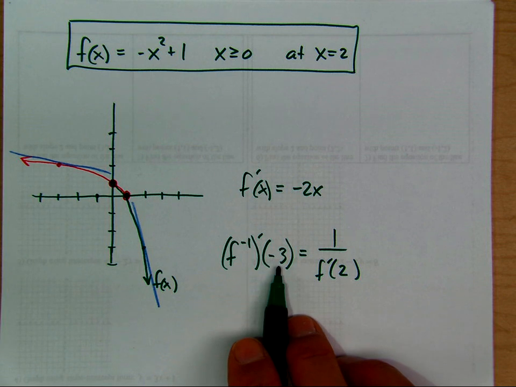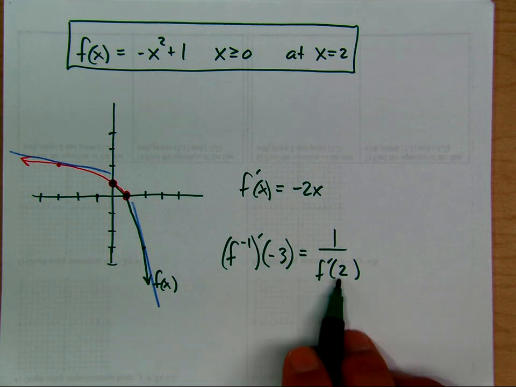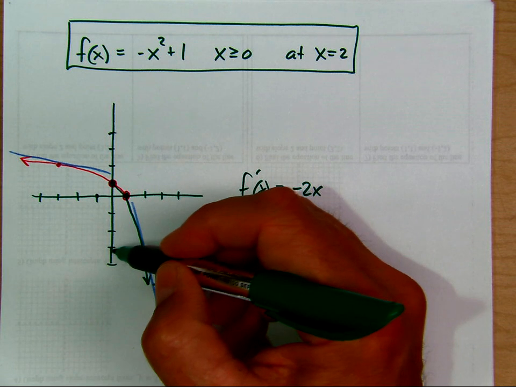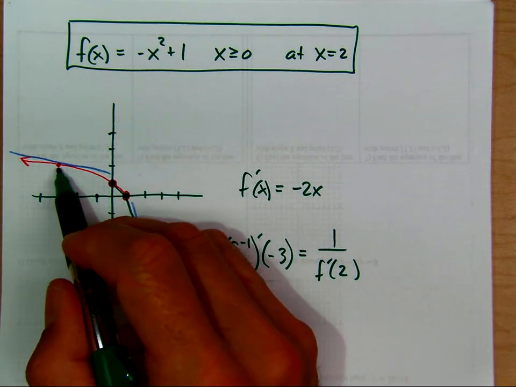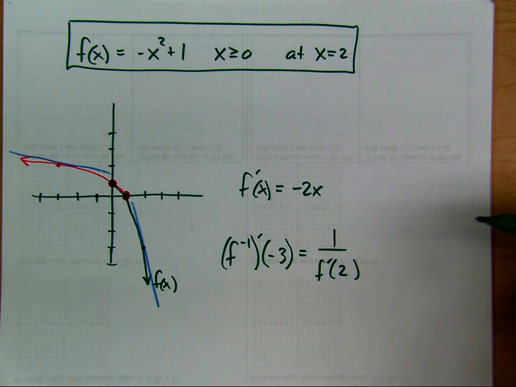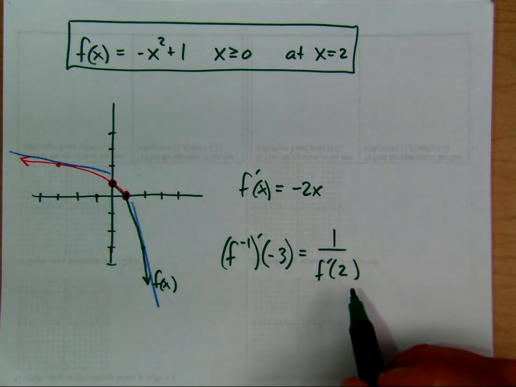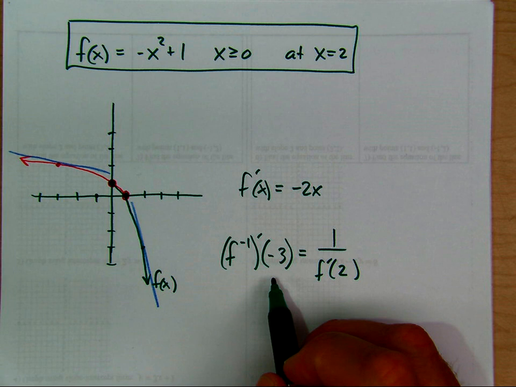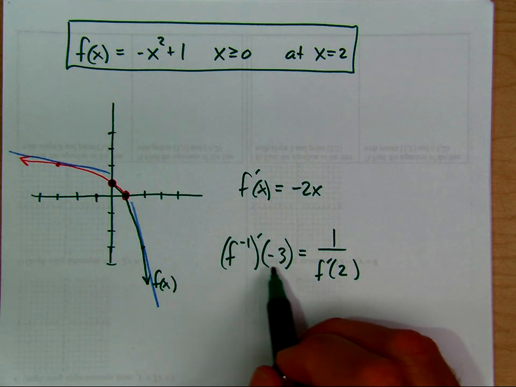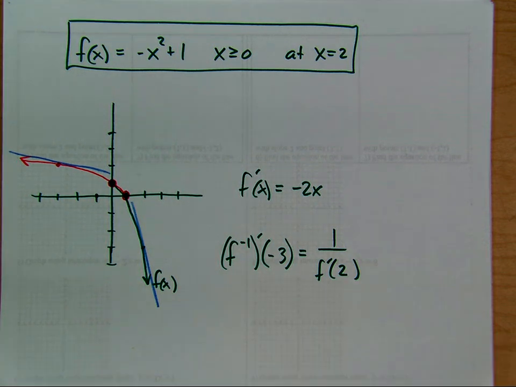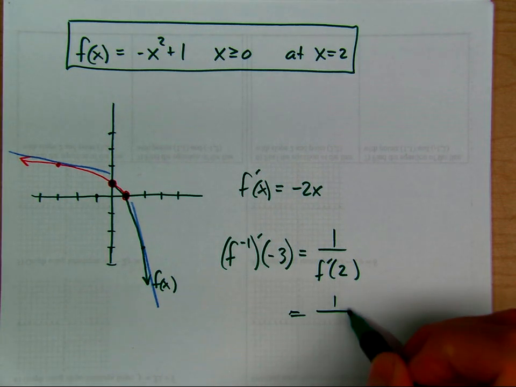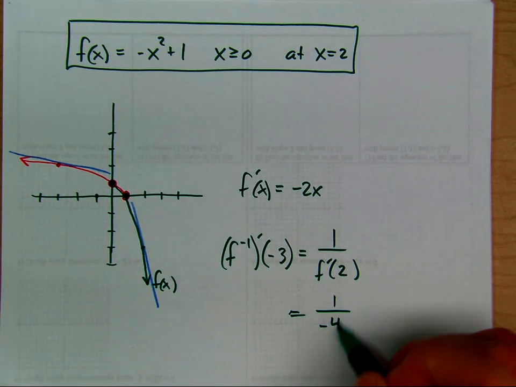Negative 3 is going to be the y value of 2. So we go over 2, down 3, so negative 3 is how far we would go for the point of tangency on the inverse function. So make sure that if we're finding a slope of an inverse, this is the y value of f at that x value. And put a 2 in there, we get negative 1/4.